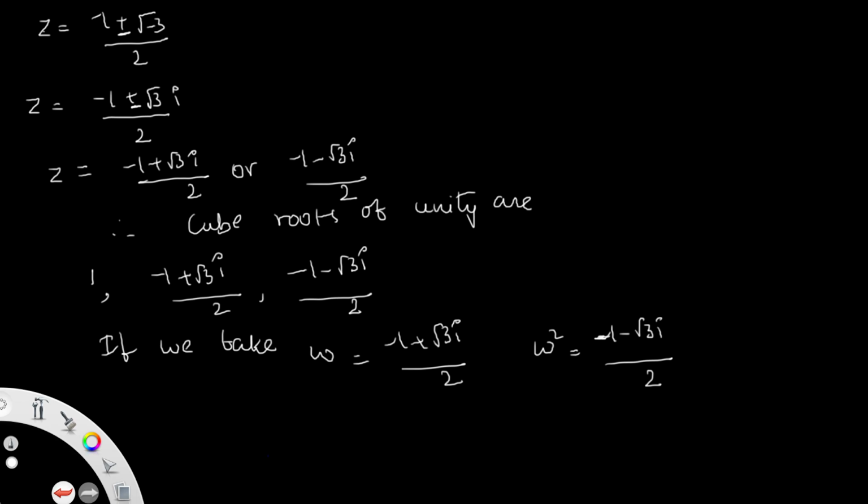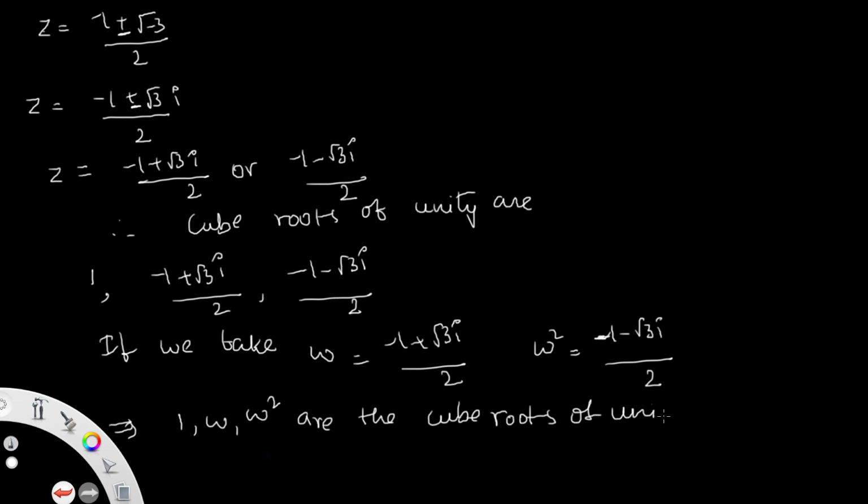Therefore now we conclude that the cube roots of unity are 1, omega, omega square.